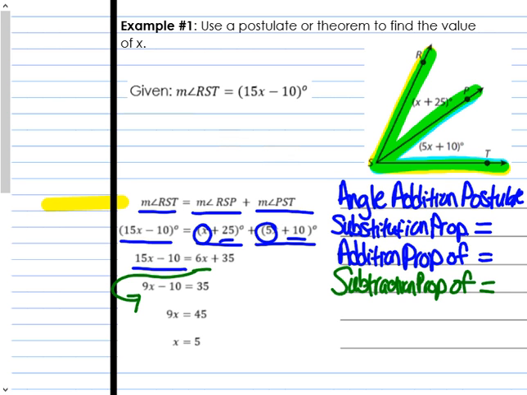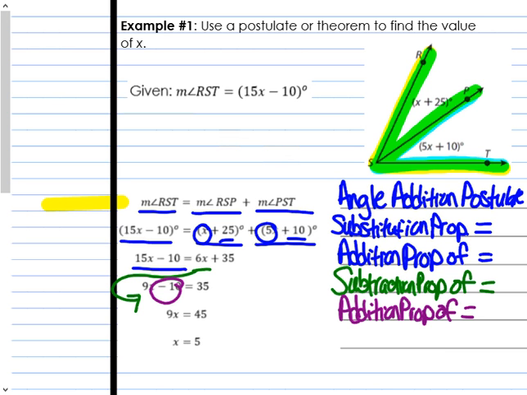Next step, 9x equals 45. Well, what'd they do to get 9x by itself? They added 10 to both sides. So we're back to the addition property of equality.